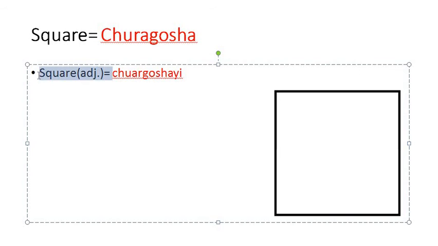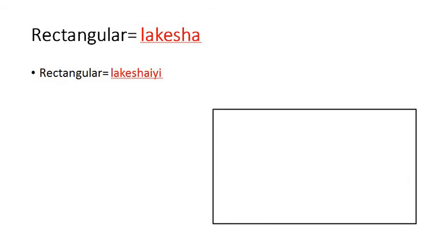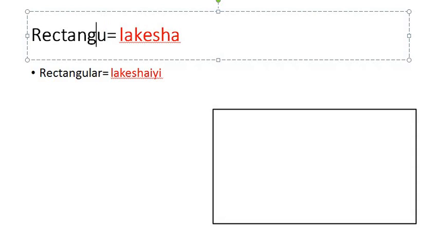In Kurdish, çar goşeyi is the adjective, just like endazeyi and se goşeyi, you make it like this. Anyway, let's go to rectangle. Rectangle means lakesha.